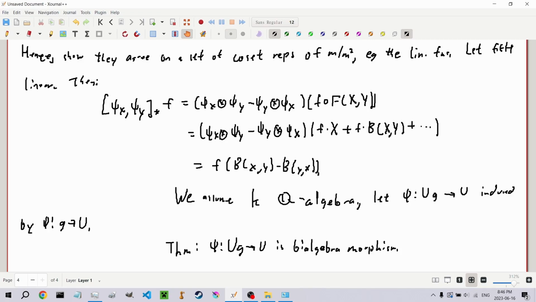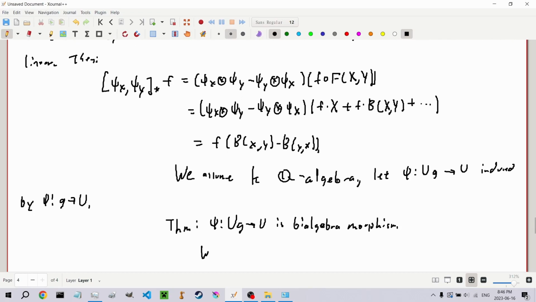Alright, so now we have filtrations on the universal enveloping algebra of G and on U, with C being compatible.